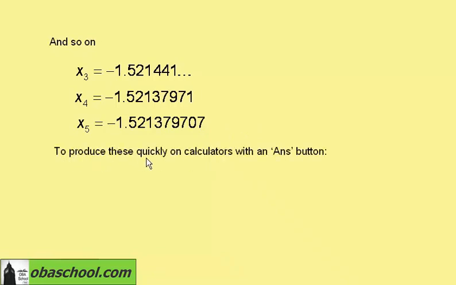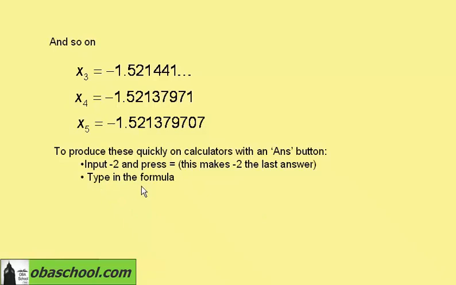To produce these answers quickly on calculators that have an ANS button or last answer button, input minus 2 and press equals. This makes minus 2 the last answer. Remember, minus 2 was our first approximation to the root, x naught. Type in the formula in terms of ANS.